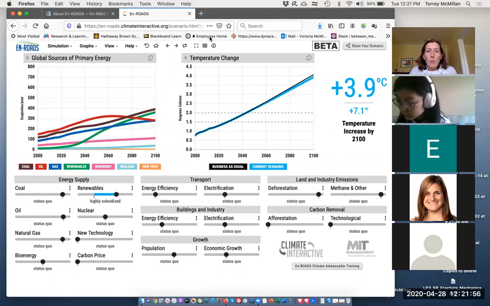The 1.5 degrees Celsius marker was really pushed hard by low-lying countries of the world and island nations, because they basically said, look, if we get to 2 degrees, we're gone. Our whole land mass in some of these low-lying islands is going to be sunk by ocean level rise.